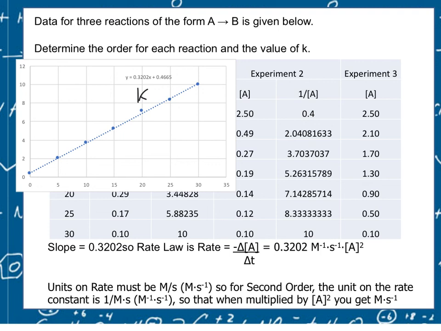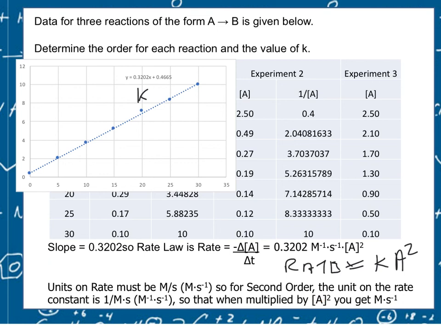So now my rate is equal to k A squared. So plug in my k, A squared. Units on this one must be per molar per second because I'm going to be multiplying that by molarity squared.